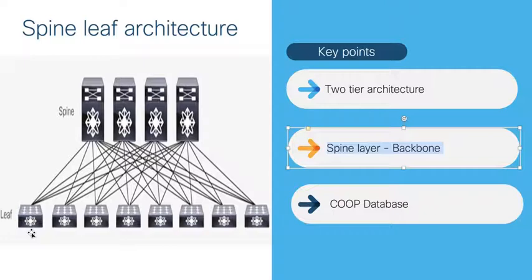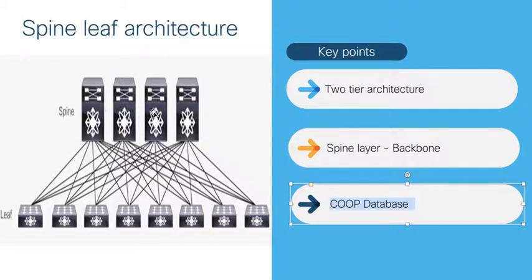If we want to do Layer 3 Out or WAN connectivity, we can use the leaf as well. And on top of it we have the COOP database. The spine has the COOP database, that is Council of Oracle Protocol, and all spines sync with each other.